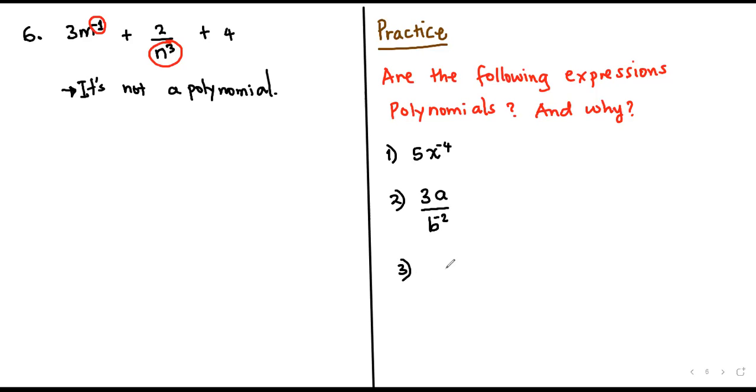Number 3, let's have 2 out of 5m to the power of 3 minus 1 out of n to the power of -2. And let's have number 4 as 3 out of 4p to the power of 5 plus q minus 6r.